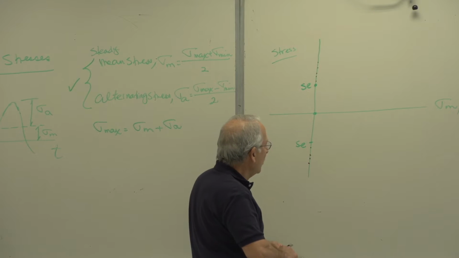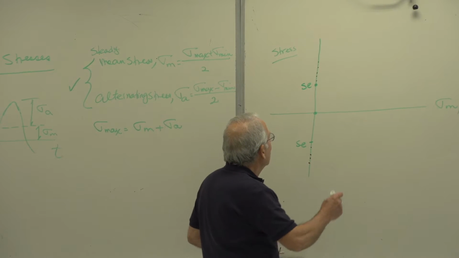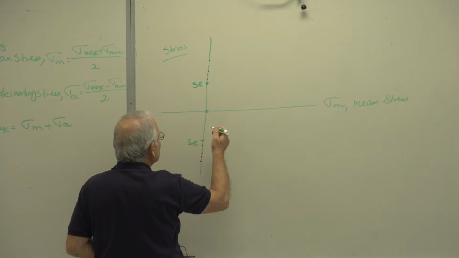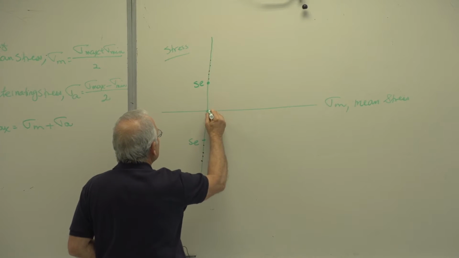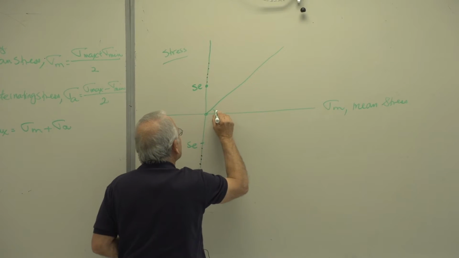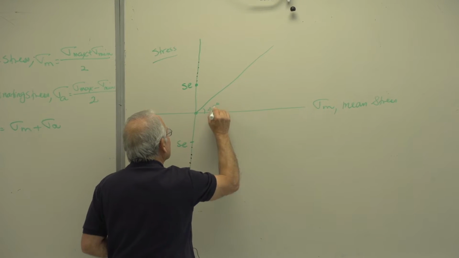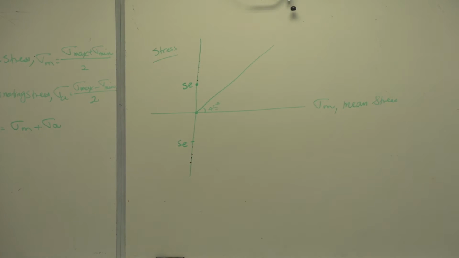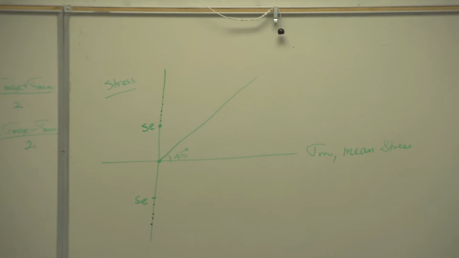So if I draw, remember that this is mean stress and this is all others. If I draw mean stress versus mean stress, this is what I get. That's like drawing x equals y. You get a 45-degree line.